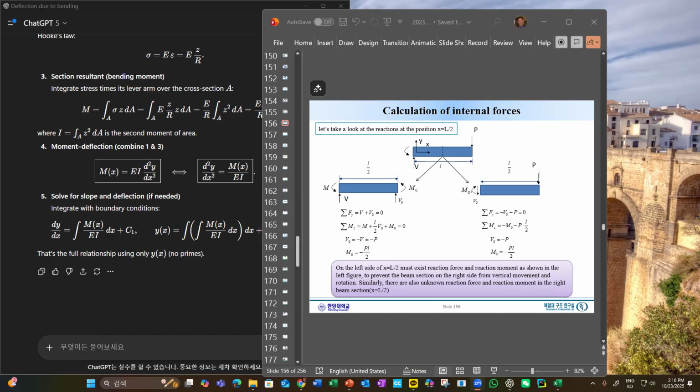Basically what will be given is the external load. What we want to obtain is the deflection curve. Okay, it's simply like that. And once we know that deflection curve, we can do many things. We can do design, and we can optimize the design, and we as mechanical engineers, this is the key point industry expects from us.